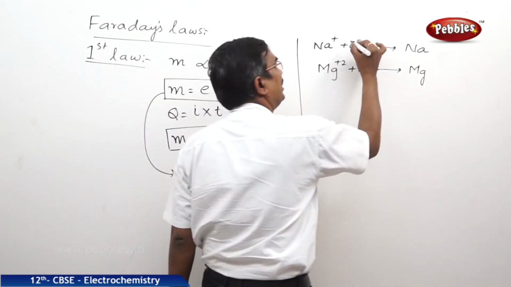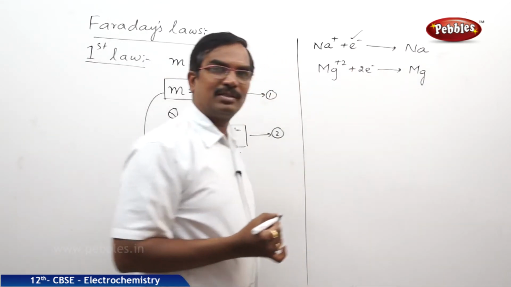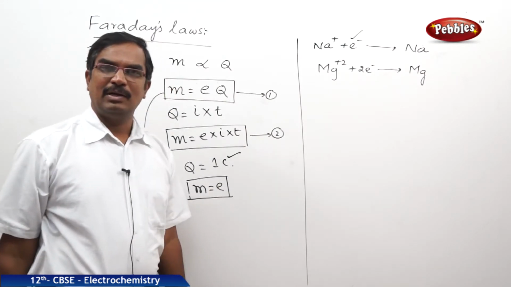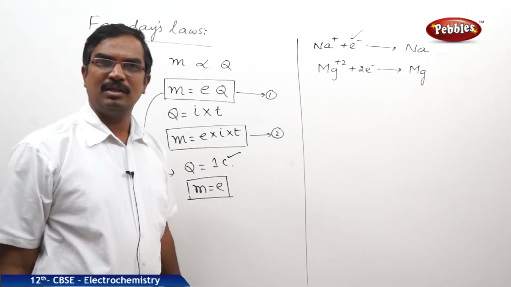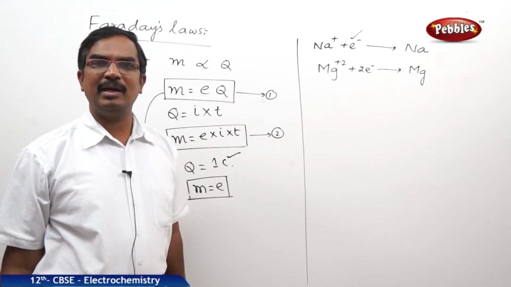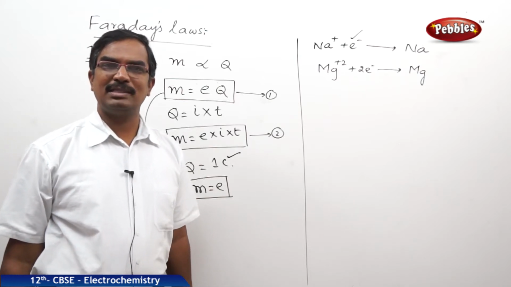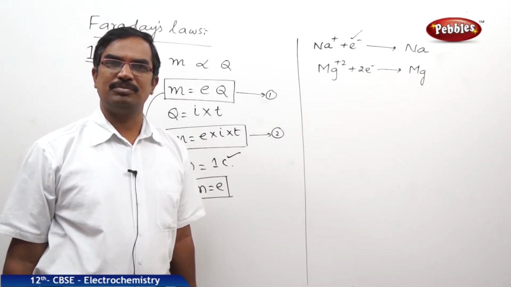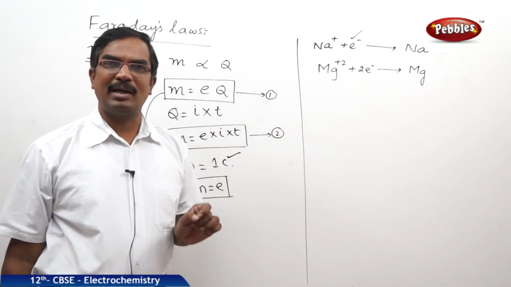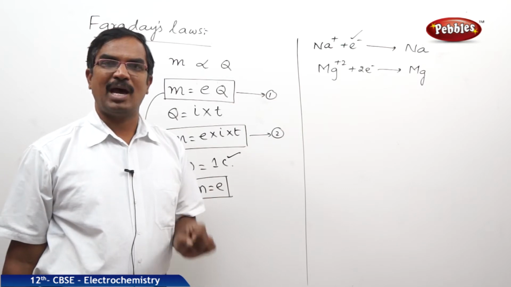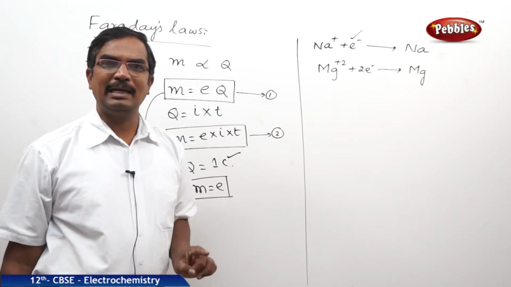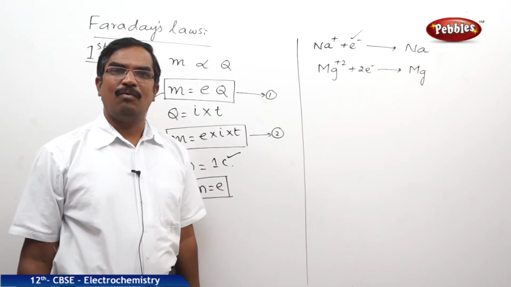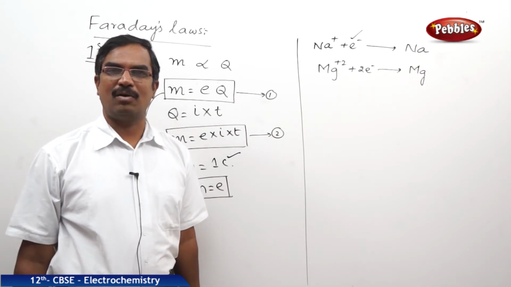Here we are saying 1 mole of electrons. Definitely this 1 mole of electrons will carry a certain charge. The charge carried by 1 mole of electrons is generally 96,500 coulombs, which is the product of the charge of a single electron and the Avogadro number, giving the total charge carried by 1 mole of electrons.